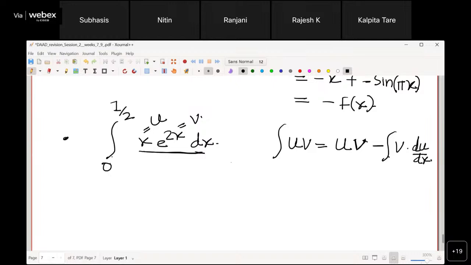So there should be a repeating pattern. If the formula is in a slightly different form, then with u times v dash, you need to take u times the integration of v, minus du by dx, since my function is in terms of x, times the integration of v.